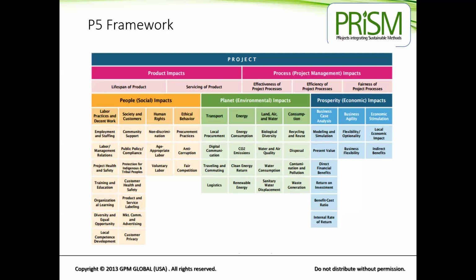If you want to do a project and handle the P5 component for each project, you can choose any of these variables and any of the sub-elements as part of your components to design a project. This is what we call the project designing stage.